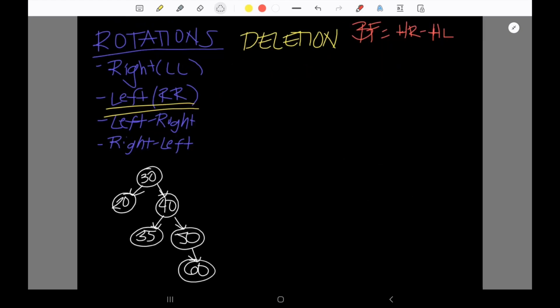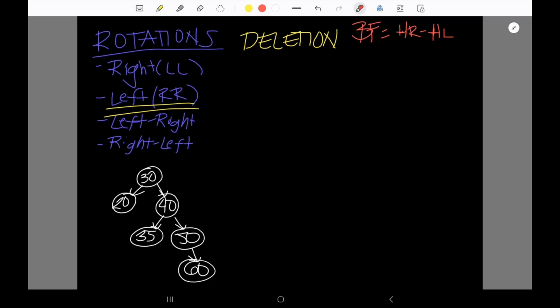So sorry, it is a left and right example. Left rotation example, where the right subtree becomes too tall. This one. Okay, so if it's tall, we're going to balance it. Obviously, it's not balanced visually speaking.